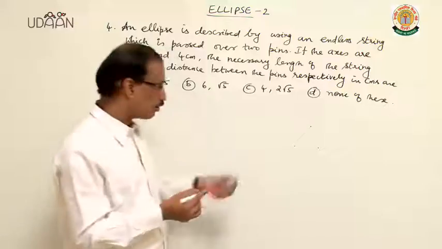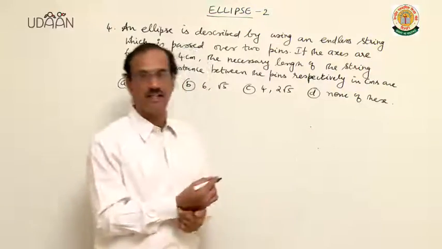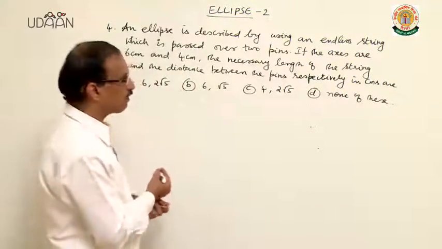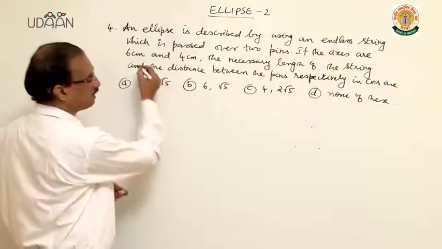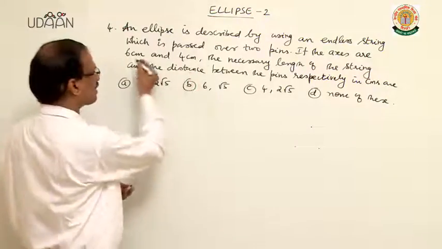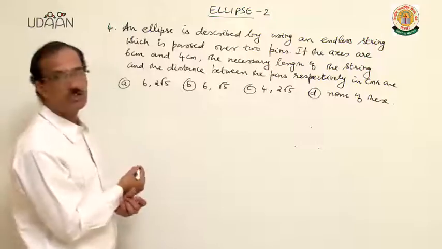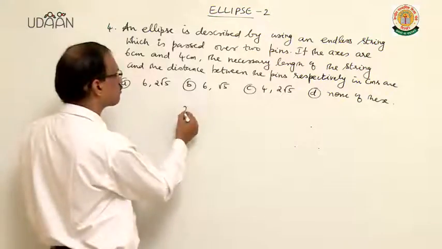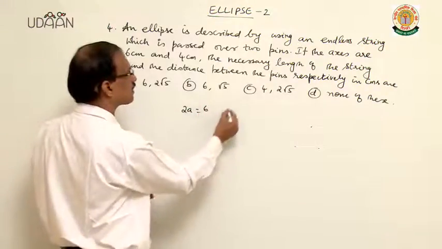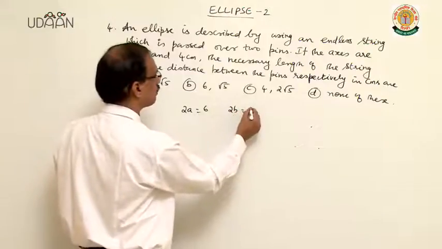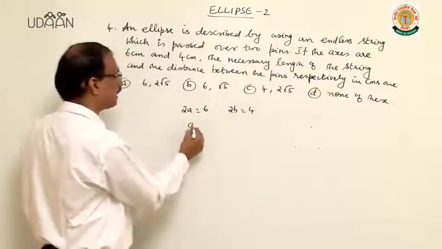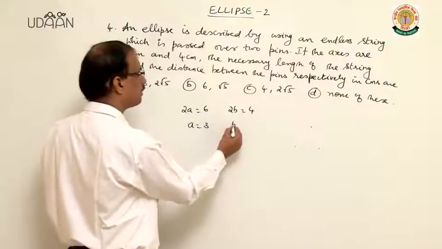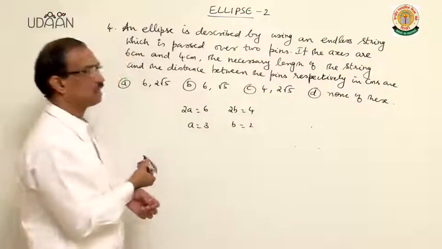The axes are 6 cm and 4 cm, so 2a equals 6 and 2b equals 4. So a equals 3 and b equals 2.